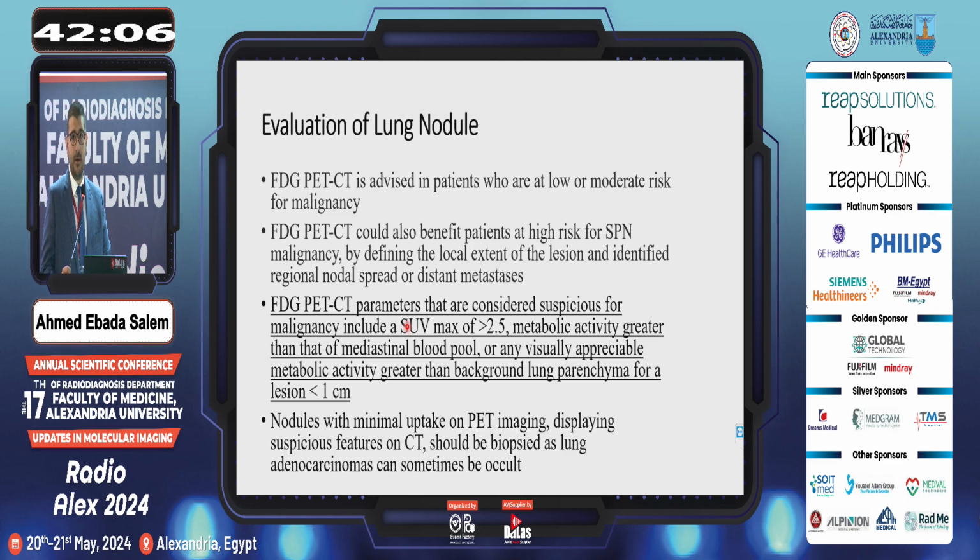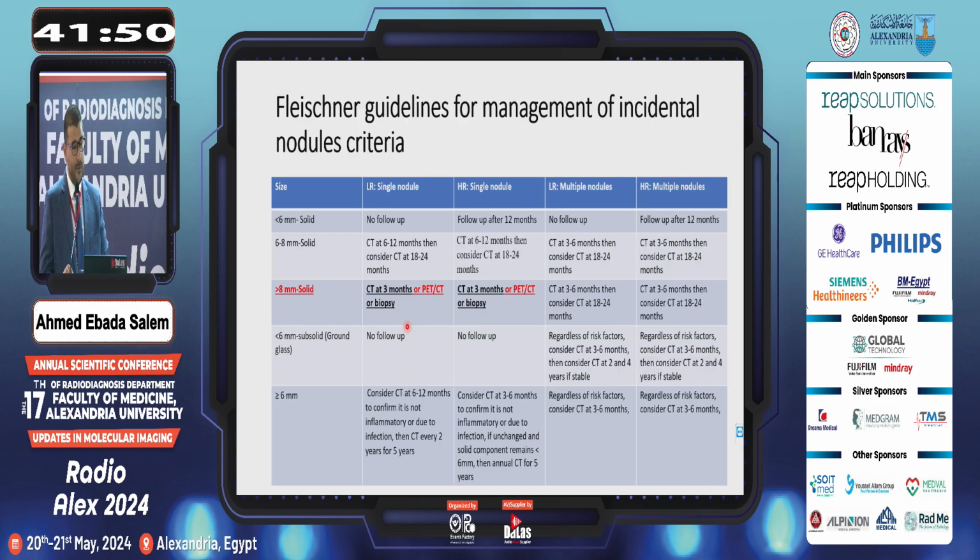Nodules can be occult on PET-CT, specifically in adenocarcinomas, so I wouldn't rely only on the degree of uptake. If the nodule is associated with suspicious features on CT, such as spiculated margin, I would still biopsy this nodule.